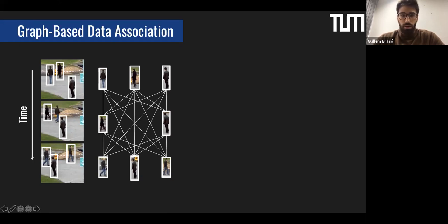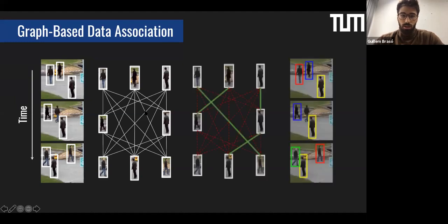And in this graph, every object detection, in this case every pedestrian, is a node. And we have edges connecting all nodes that are in different frames. Essentially, these edges represent the possibility that two nodes belong to the same trajectory. And the idea is that out of this representation, the goal is to determine which edges are actually connecting nodes that will be in the same trajectory.